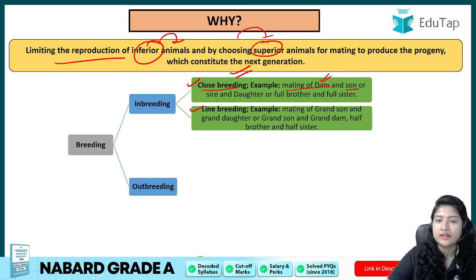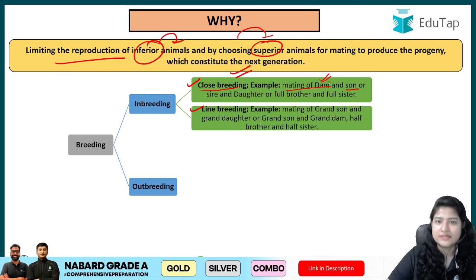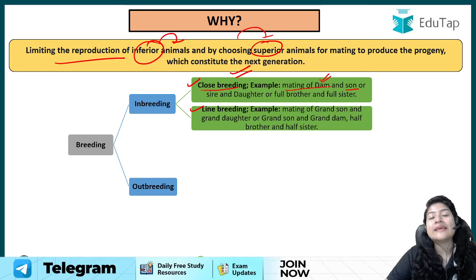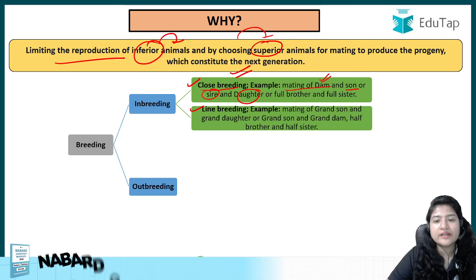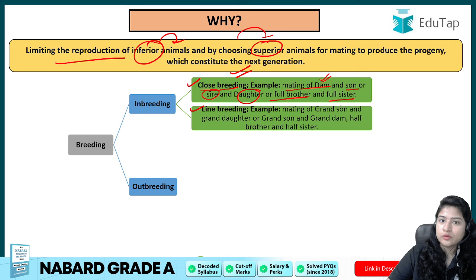They are immediate relatives and share 50% of the genes, because the mother's genes must have transferred to the son. The sire is the male parent, so when sire and daughter are mated, that is also close breeding, as is mating of full brother and full sister, who are immediately related to each other.